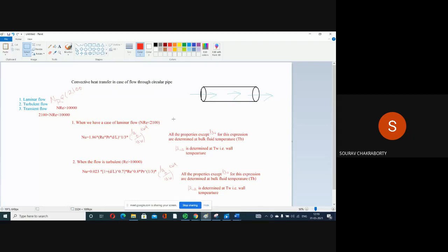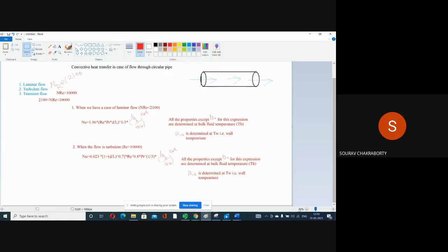So we'll find the Reynolds number, and if the Reynolds number is less than 2100, then the flow will be laminar and we can utilize this particular expression. And if the flow is turbulent, that means your Reynolds number is more than 10,000, then we can utilize this particular expression, and on the basis of this we can easily determine the convective heat transfer coefficient.